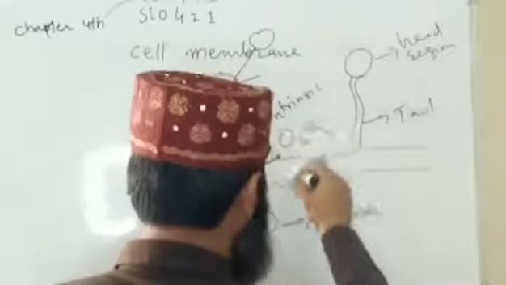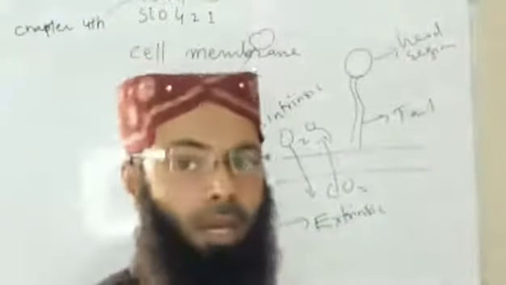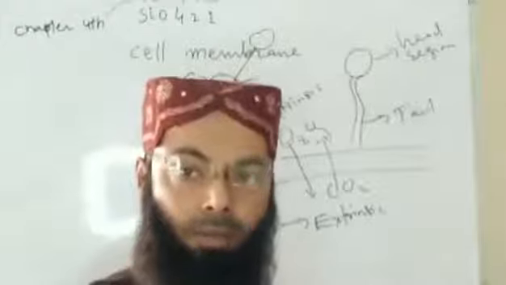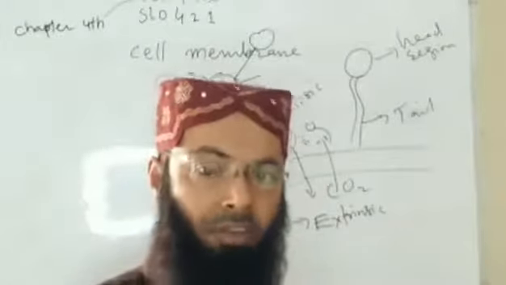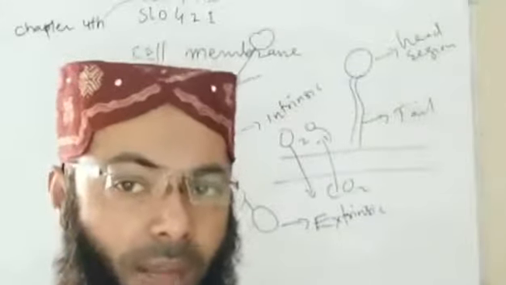In animals, oxygen enters and carbon dioxide exits. So oxygen is inhaled and carbon dioxide exhaled easily. This type of exchange is known as diffusion.